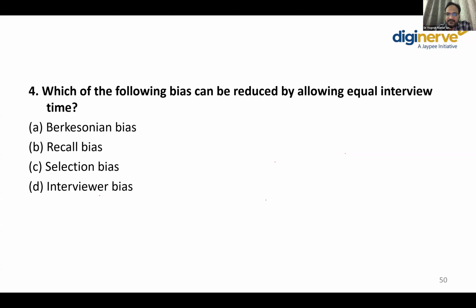If we make sure that the time should be limited for each person, either a case or control, so if we allow equal time for case and for the control, we can reduce the interviewer bias. Or we can do blinding. We should not tell the interviewer that this person is the case or is control. But when the person takes the interview, he will know whether the person is having disease or not. So here blinding is a little bit less possible.